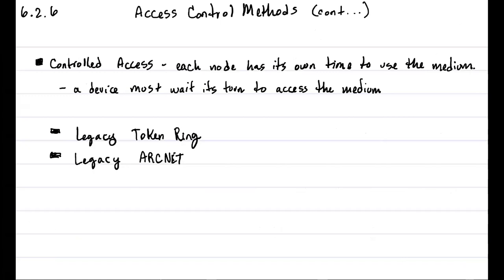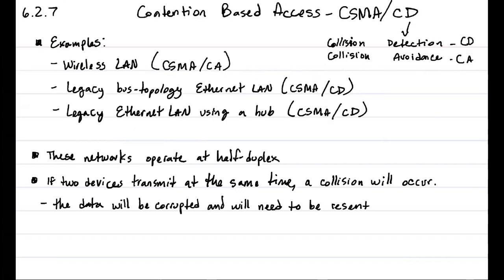In a token ring topology, there was a token, a signal that would be sent through the network, and each device would have to wait for that signal to send information to the network. And then there's another type of network, ArcNet, which is also legacy, that used to use this controlled access. Both of them legacy, replaced by newer technology.